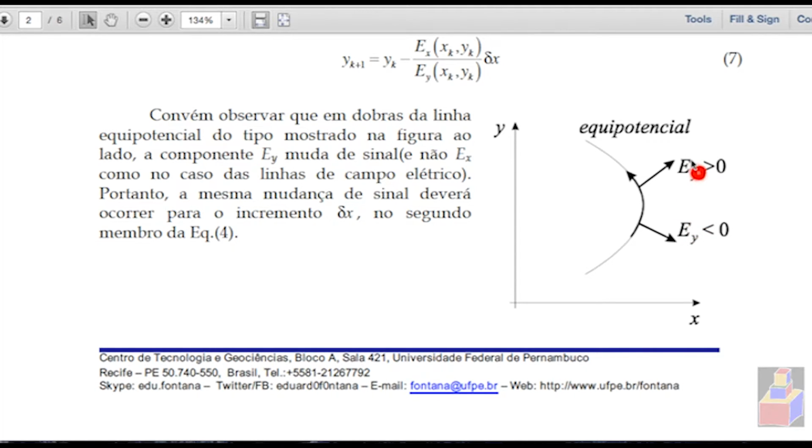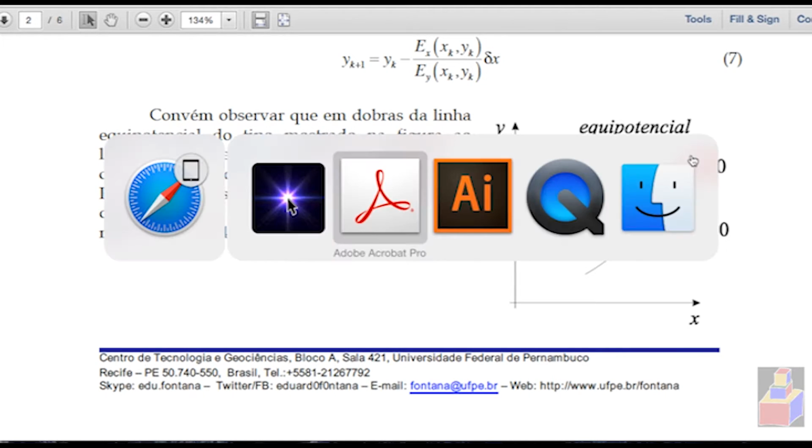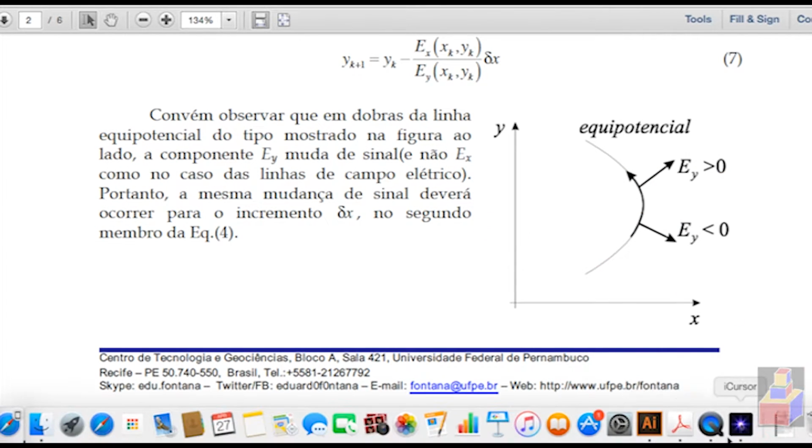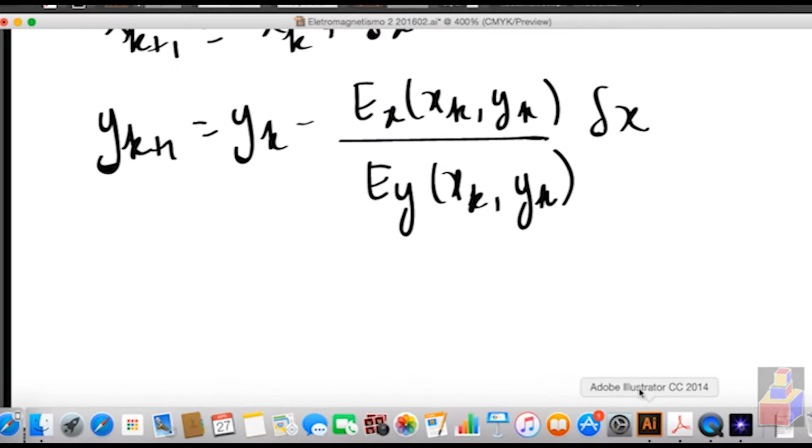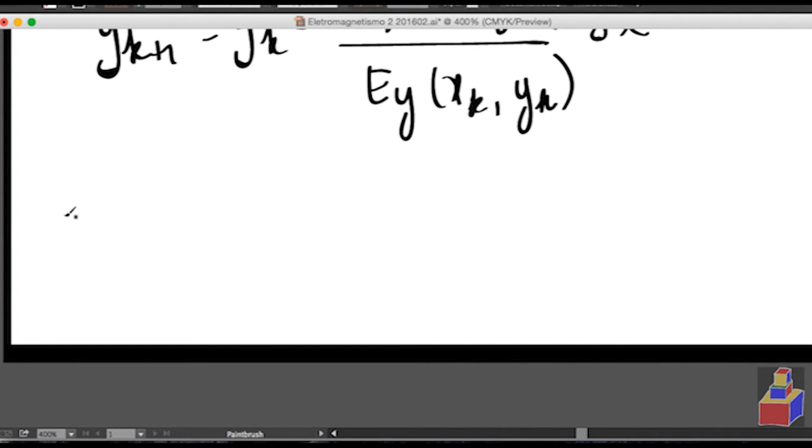We are not going to have any problem with the sign of the charge, okay? In the E field plots that we did before, we were very concerned that the E field gets away from the charge, right? That was our concern. So we were very concerned about the sign of the charge, to guarantee that the field line didn't get close to the charge.